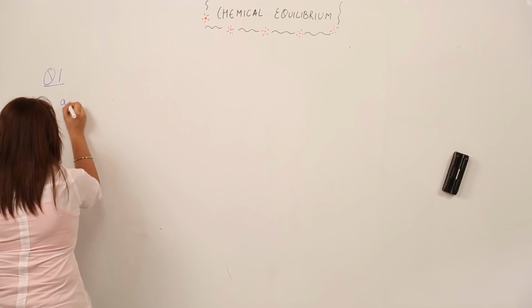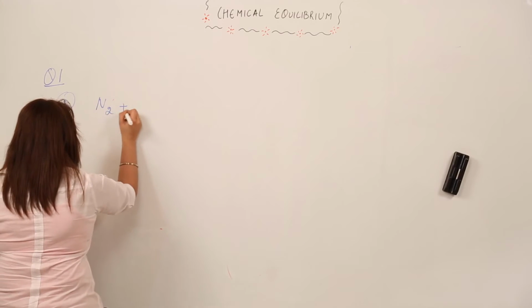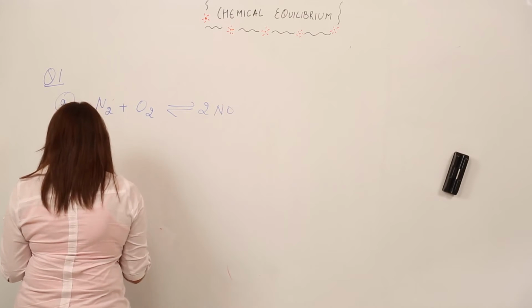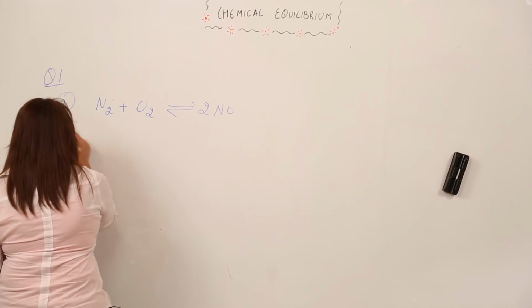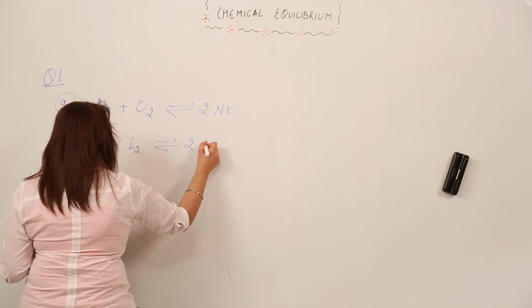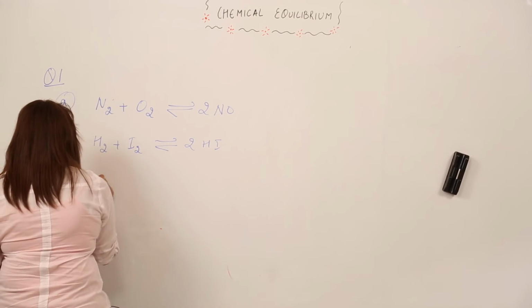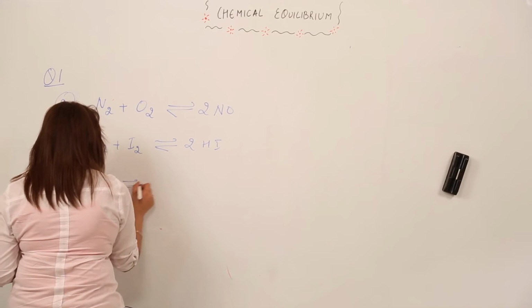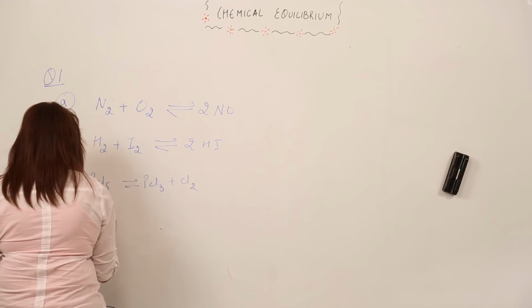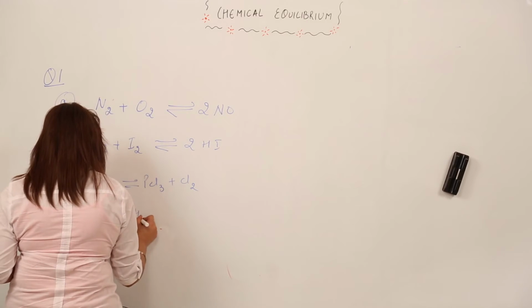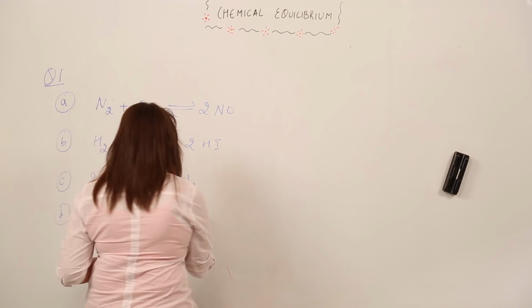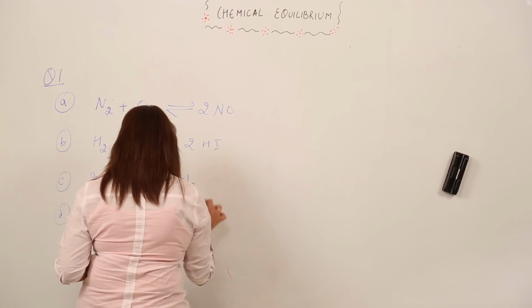The first reaction we have is N2 plus O2, reversible reaction, 2NO, right? The second one we have is H2 plus I2, reversible, 2HI. Third, PCl5, reversible, PCl3 plus Cl2, and the fourth one is the Haber process, the famous Haber process, that is the formation of ammonia, that is 2NH3.